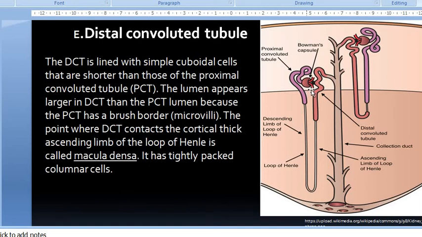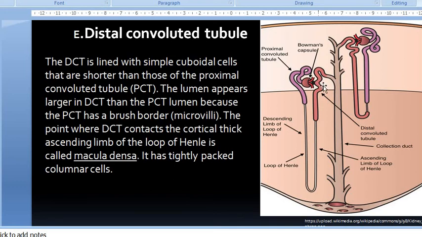In this picture, you can see the Henle's loop extends from the proximal convoluted tubule. Here, this is the junction of Henle's loop and the distal convoluted tubule.